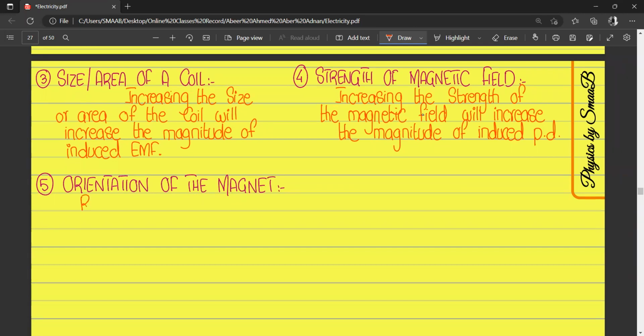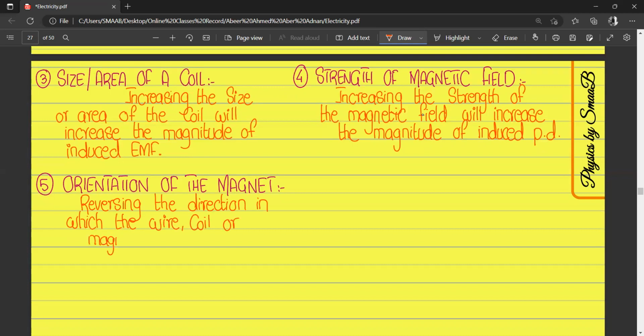So it means that by reversing the direction in which the wire or the coil or magnet is moved, right?